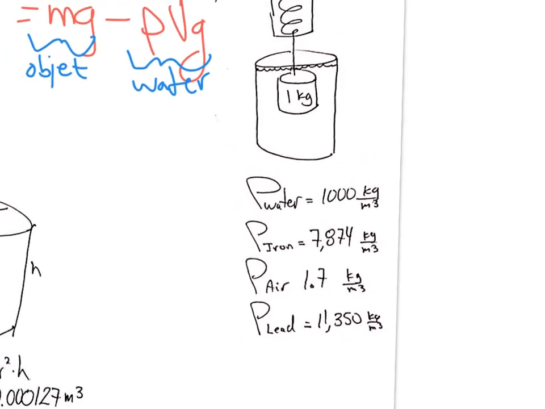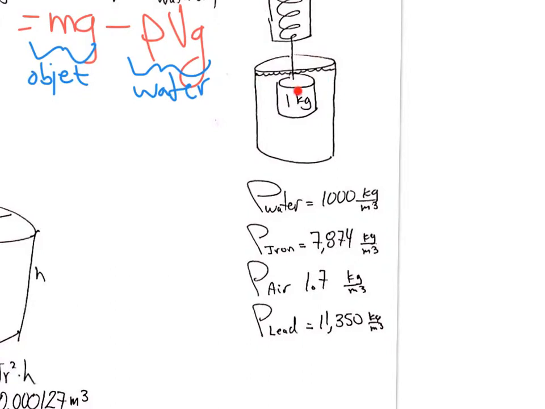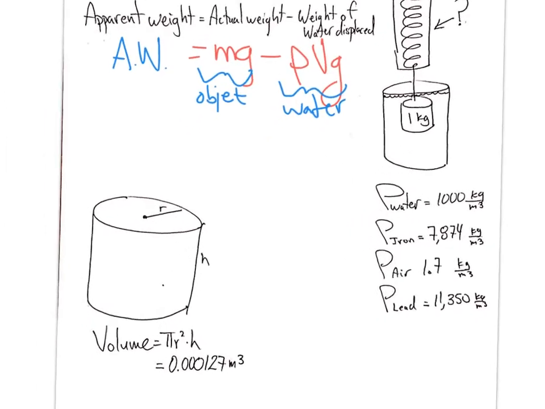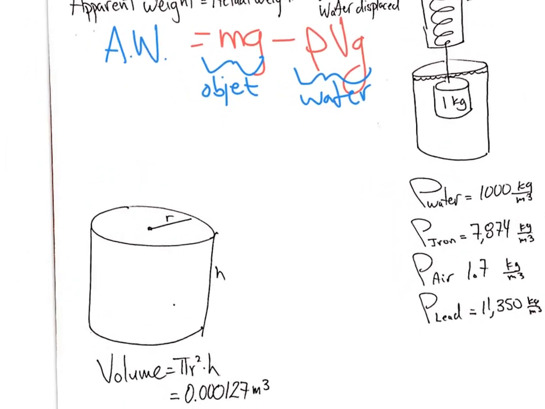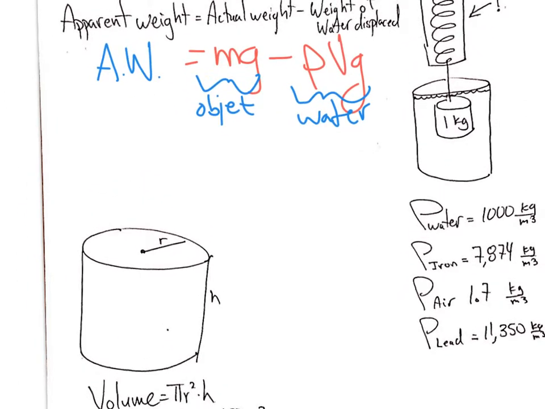So we are going to do this calculation, and we're going to assume that our mass is made out of iron, and the fact that it's submerged means the reading on the scale is going to be something less than 9.8. Let's plug in mg.